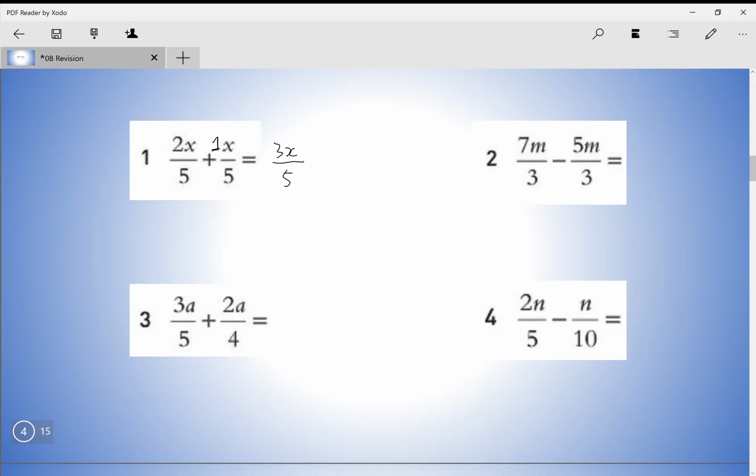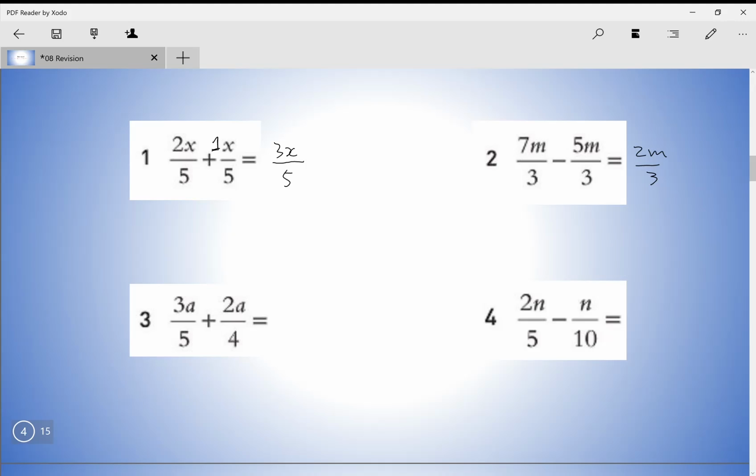And then again over here in example 2, we have the same situation. We already have a common denominator of 3, so we can simply do the subtraction of the numerator. And again, it's the same process as collecting like terms. We have 7m minus 5m, so we take 5 away from 7, and we have 2m left.